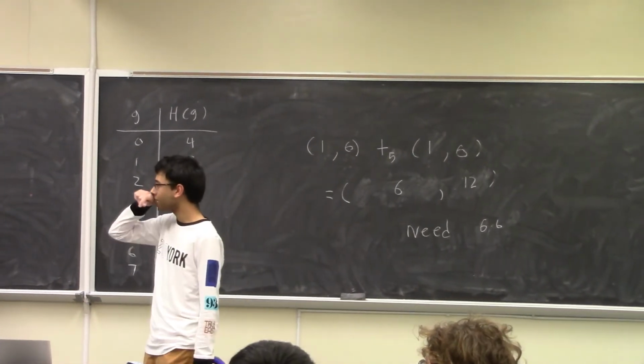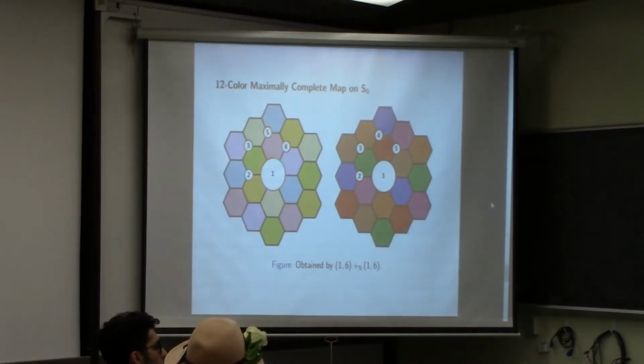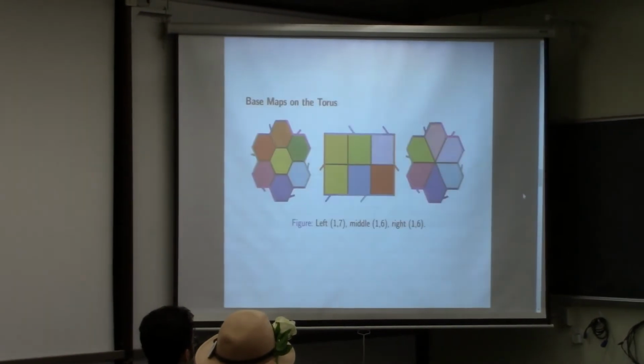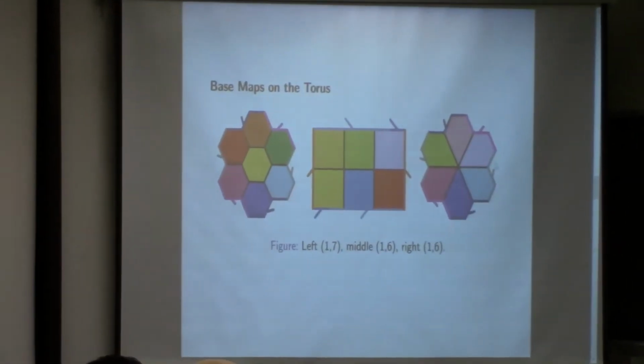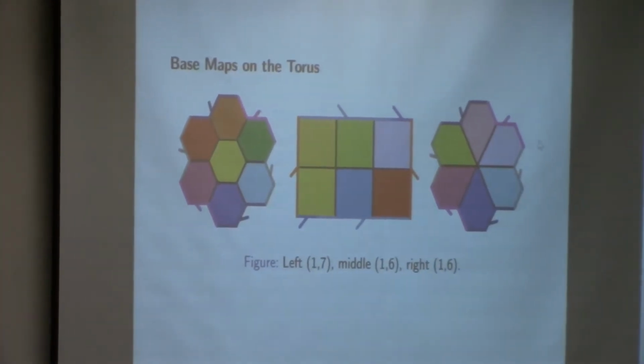And the point is, around each vertex, we're using this base map, the one on the right.